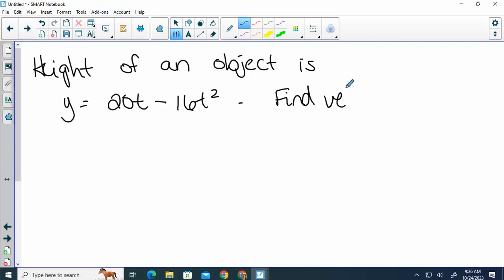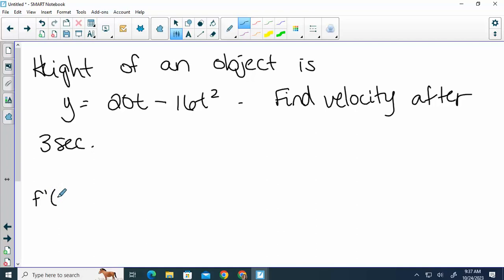Find the velocity after 3 seconds. All right, I gave you the height. How do we find velocity? Yeah, it's just the derivative again. So we're really doing the same thing every time.